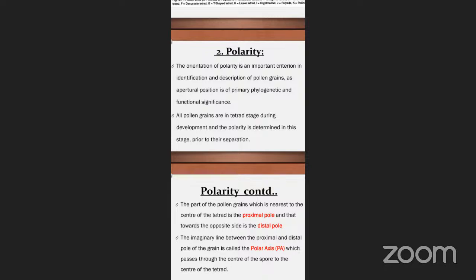Let me draw it simply. Pollen grain. The part of the pollen nearest to the center. This is the center actually.